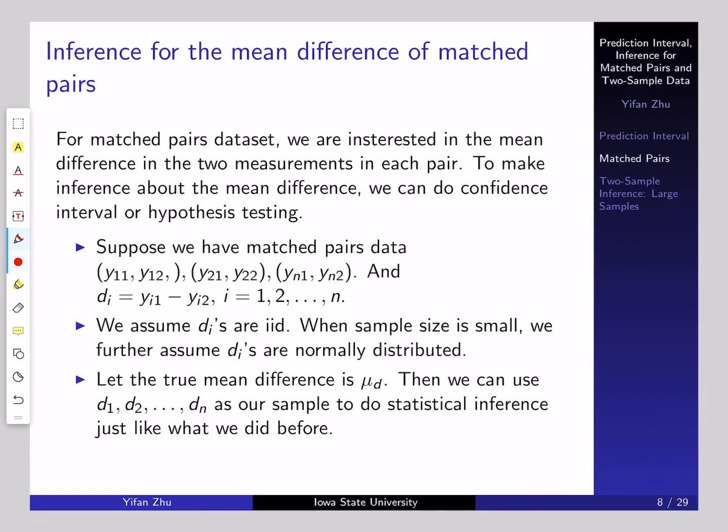And for the matched pairs dataset, what we are interested in is the mean difference in the two measurements. To make inference about the mean difference, we will use the confidence interval or the hypothesis testing we have learned.